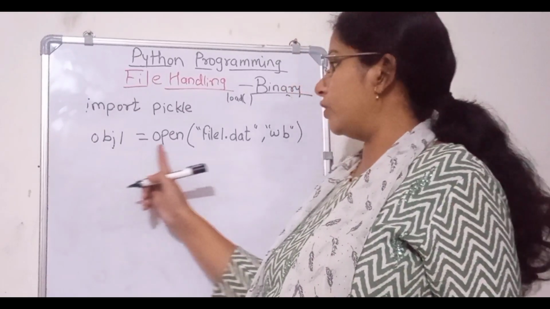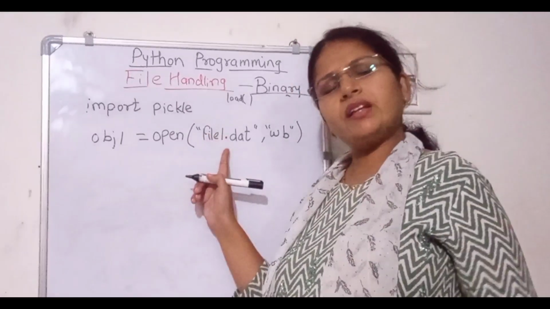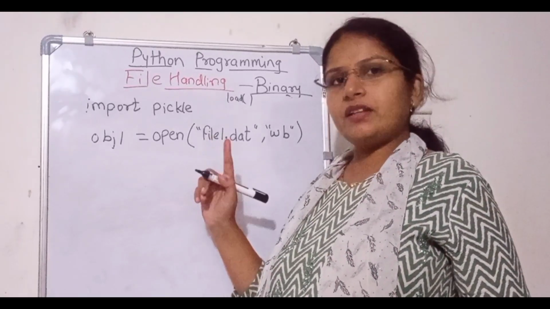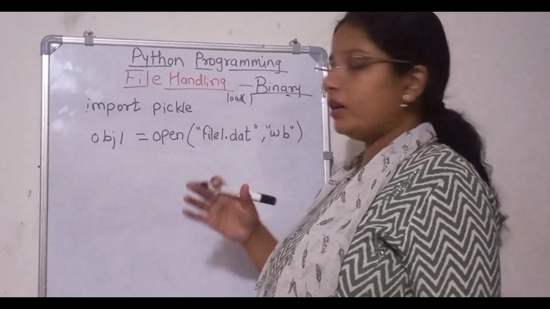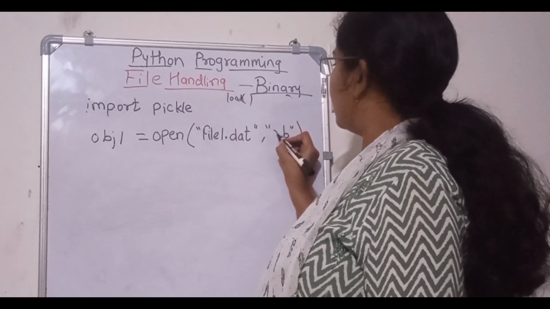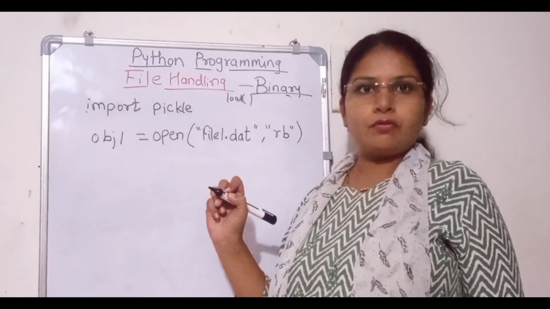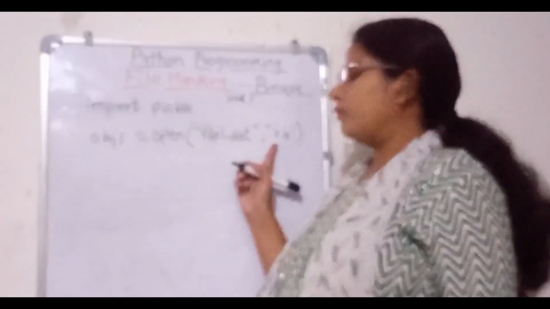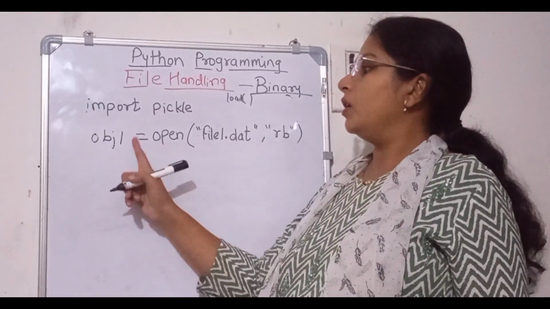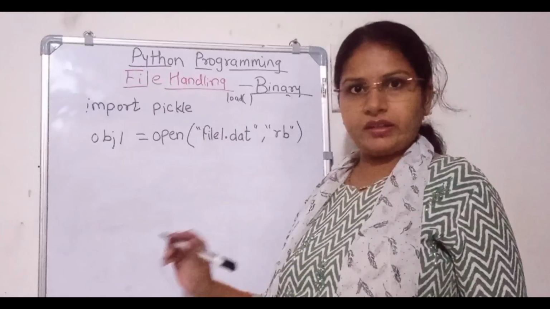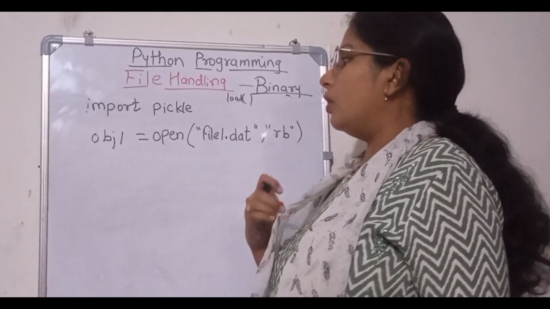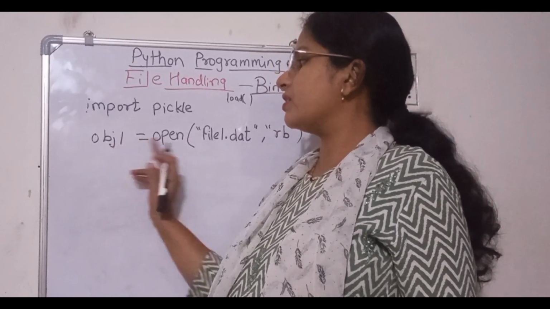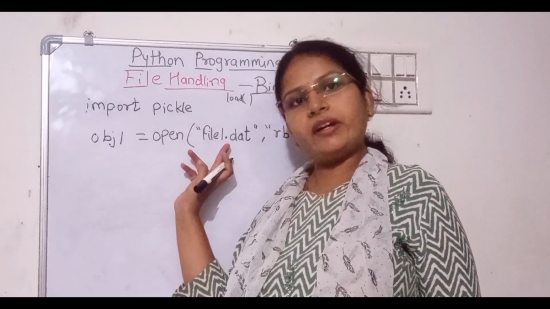Object 1 is equal to open file 1. Now this file is already created. Previously we have created this file, so this file is already there. So to read, we can easily use RB mode for that. So open file1.dat with the read mode in binary. So your file object is created. Now here what you need to do, the content is already there in your file.